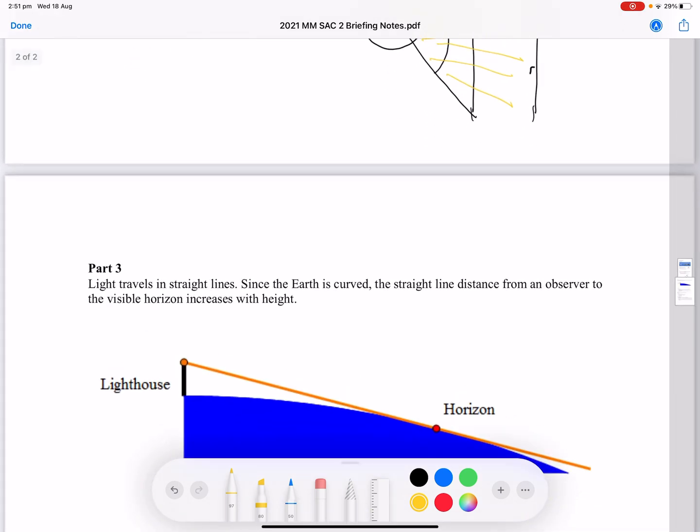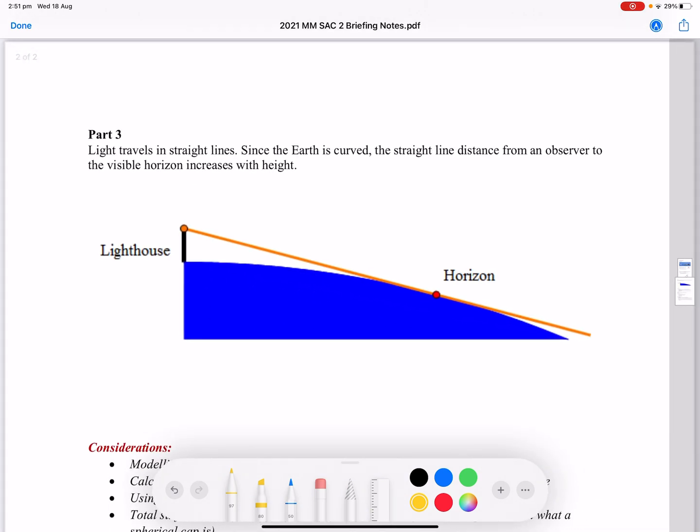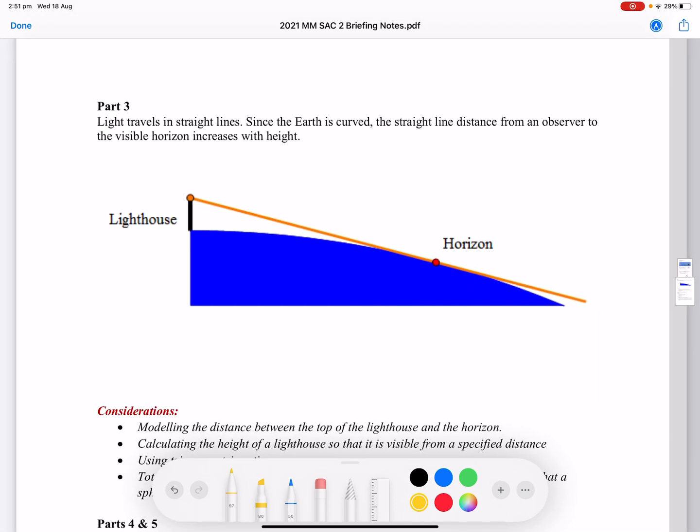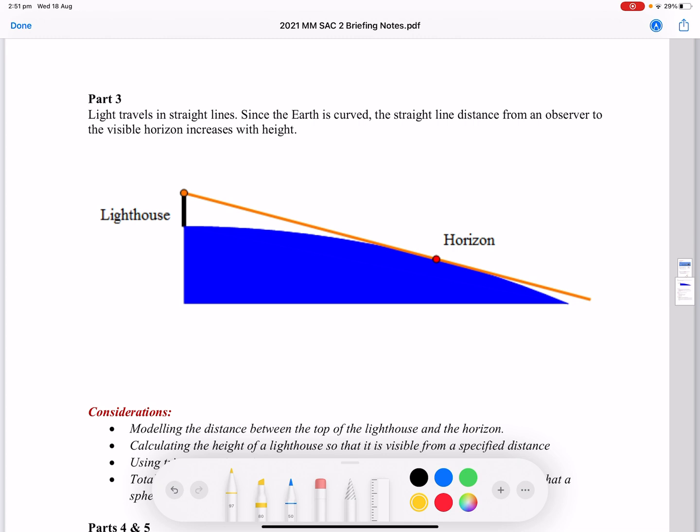Then we move into part 3. And part 3 states this: light travels in straight lines. Since the Earth is curved, the straight line distance from an observer to the visible horizon increases with height.